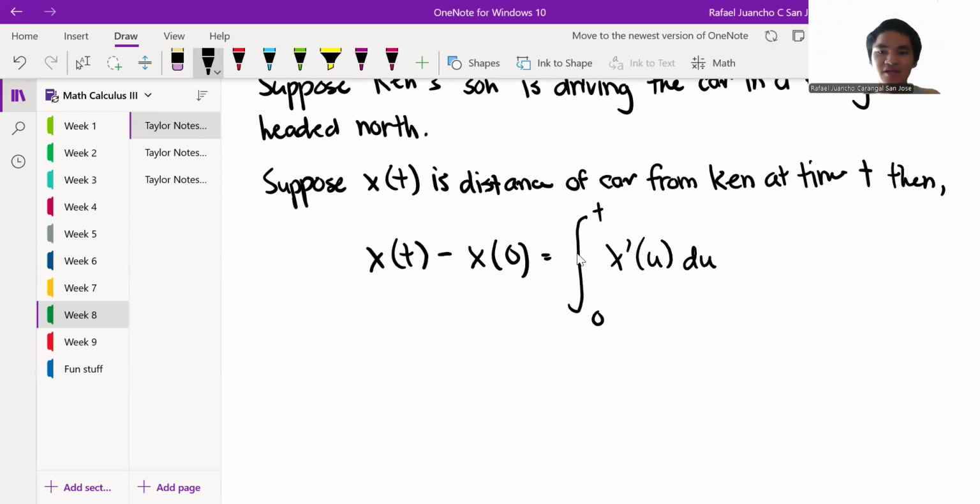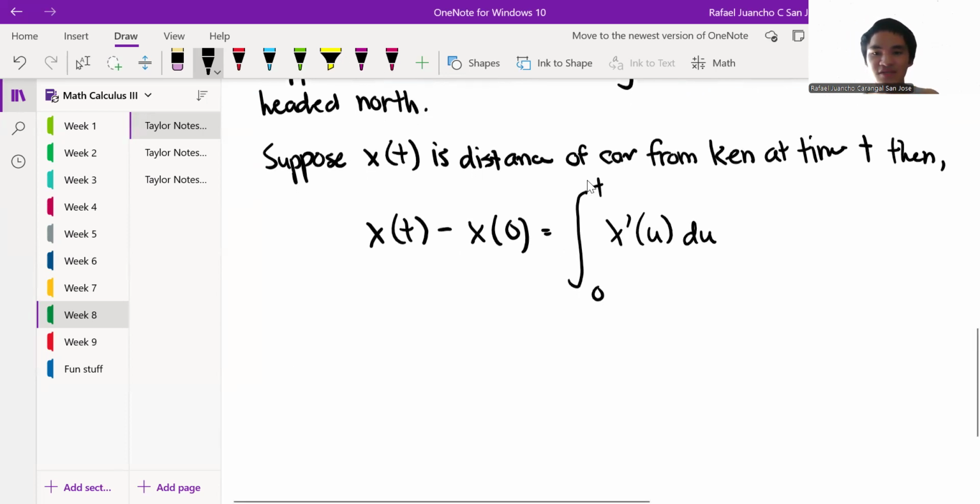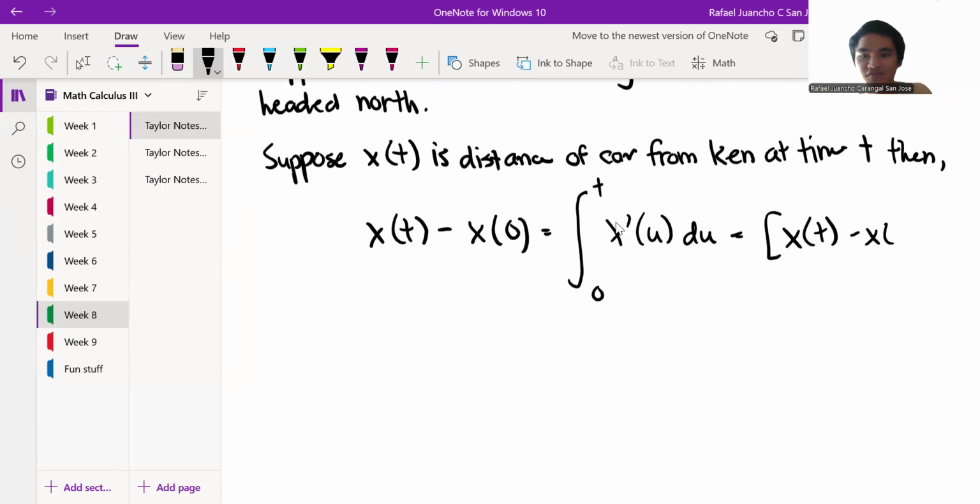Now let's explain in a bit what this means. But basically, we integrate, right? We put x of t minus x of naught, x of 0. It's the fundamental theorem of calculus.